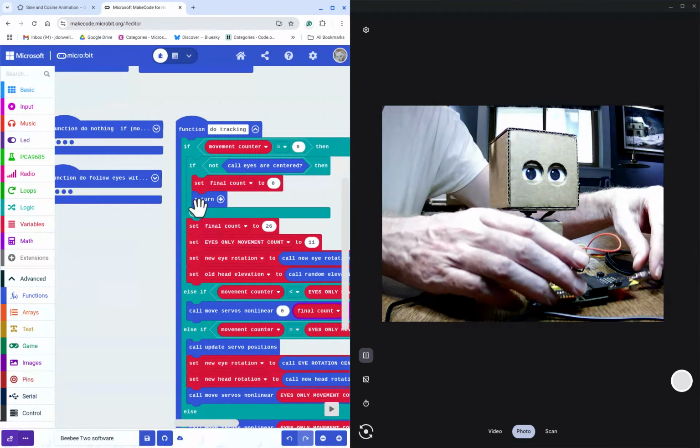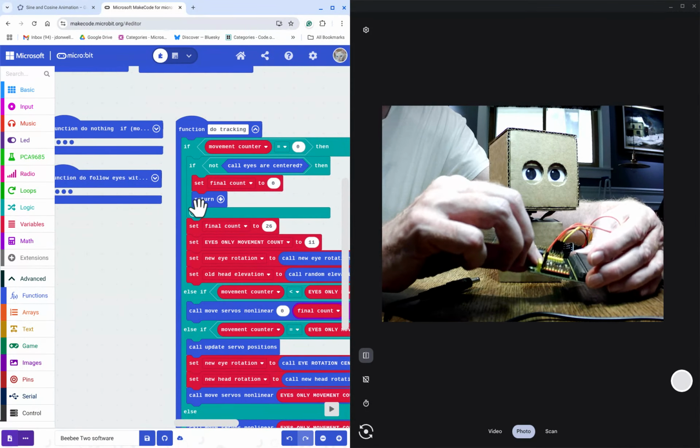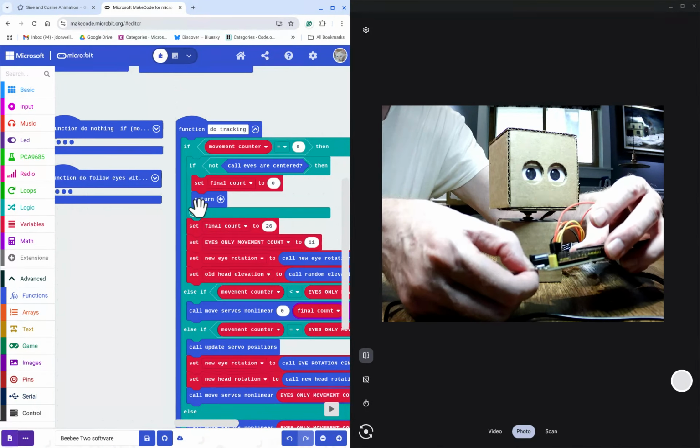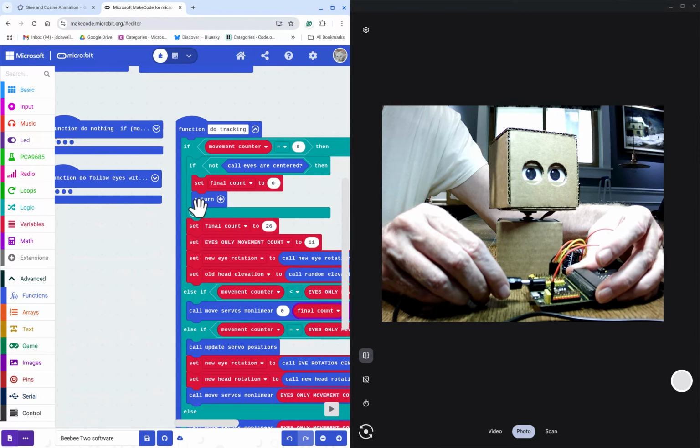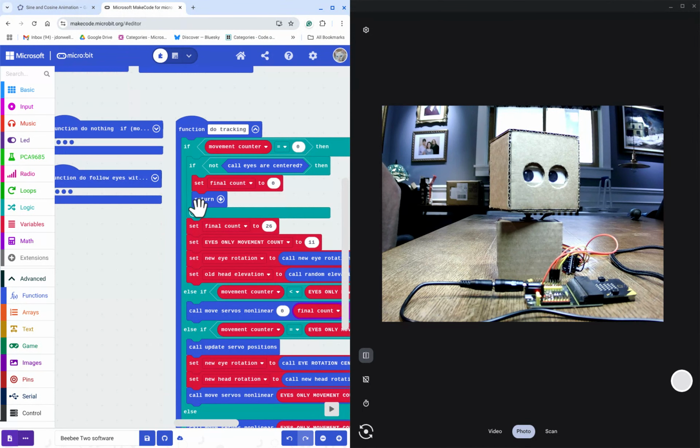Download it. Remove the cat hair if present, and plug in. Let's see. No. Was it different? We're looking for tracking. That's not tracking. That was tracking.